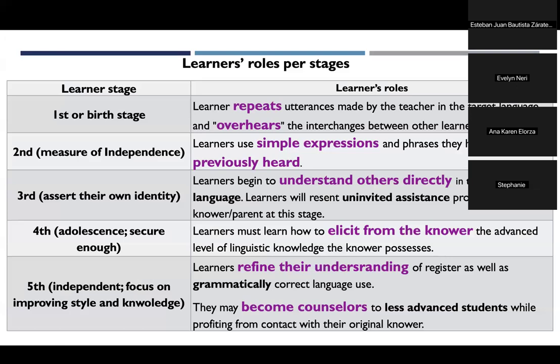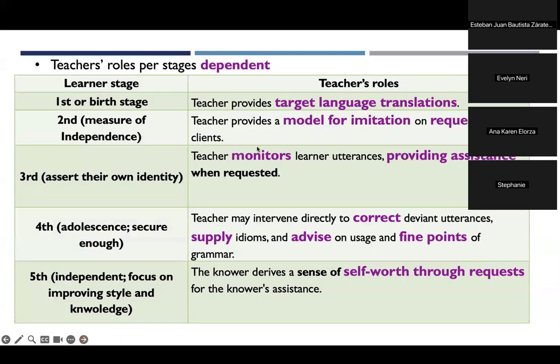That's exactly the sociolinguistic aspect, register and the use of some fixed expressions, idioms, collocations. And then the students become counselors to less advanced students. This is the advantage of the CLL. Learners now become counselors.